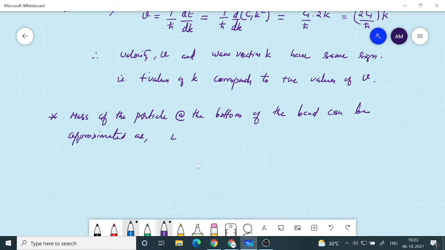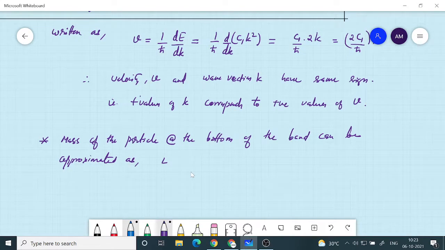So what is the expression for mass? We have a relation for 1 by mass, 1 by, I will call it m star, and it will become clearer why I say m star. This is not going to be the mass of the electron. It will be deviating from it.